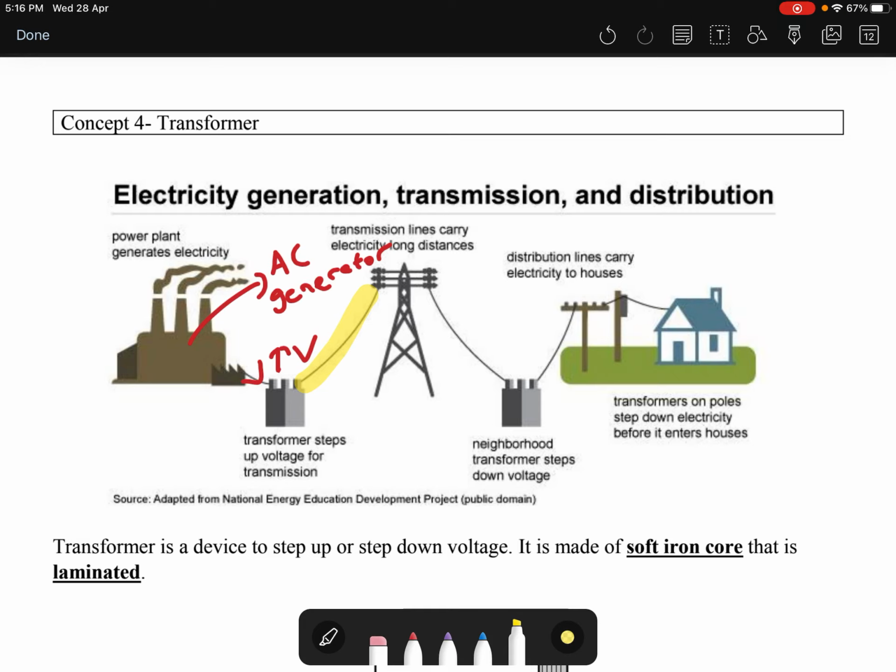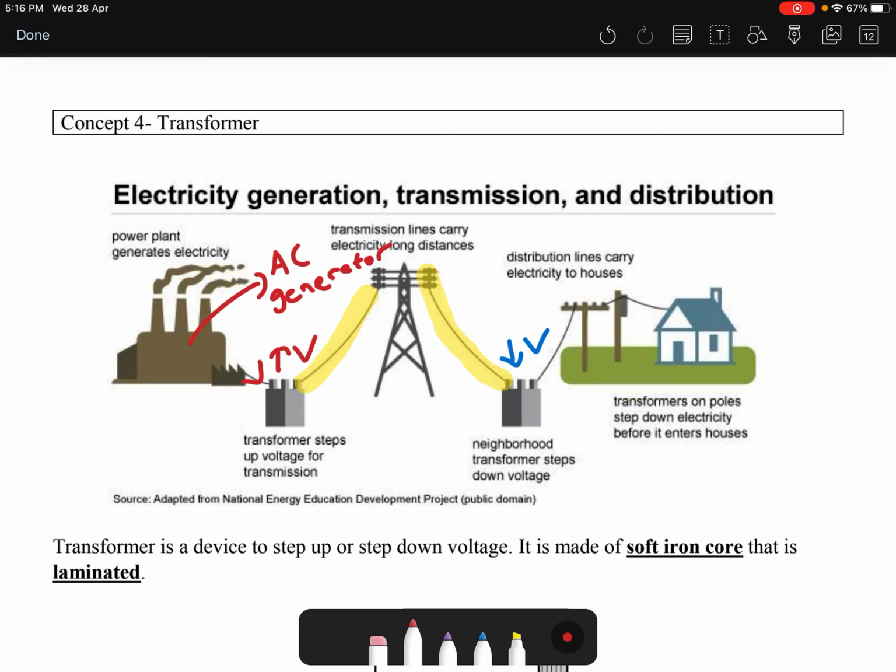Then after the transformer steps up my voltage, the electricity will flow until, before it reaches our house, it will encounter another transformer. This transformer is to step down our voltage. Because remember, the electricity on this transmission line actually has a very high voltage.